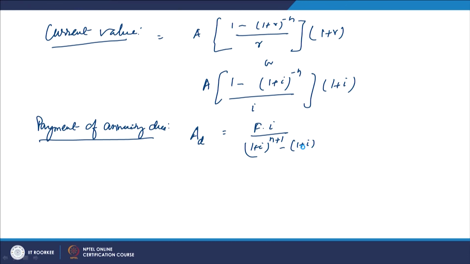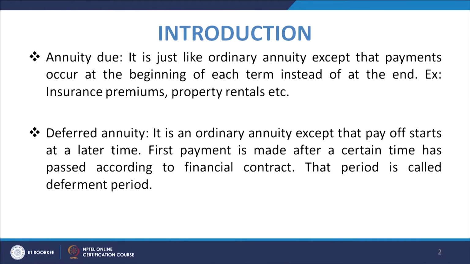Now, we will talk about the deferred annuity case. What is deferred annuity? In the case of deferred annuity, it is nothing but the same ordinary annuity, but the payment starts at a later time. You are deferring it by a certain period.